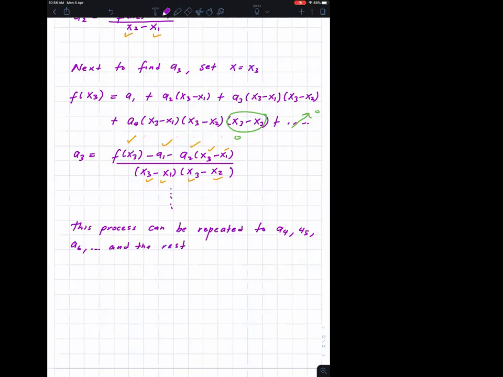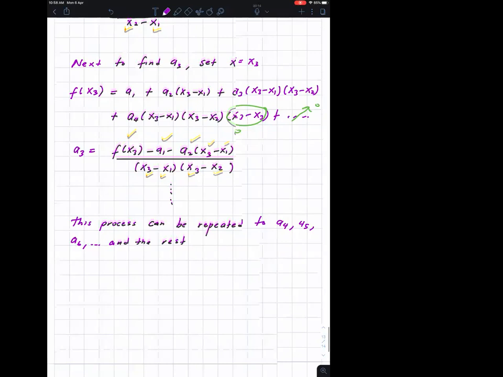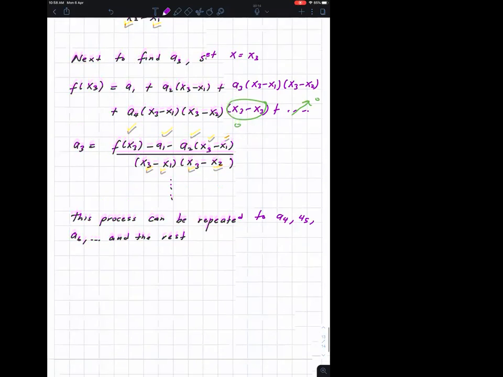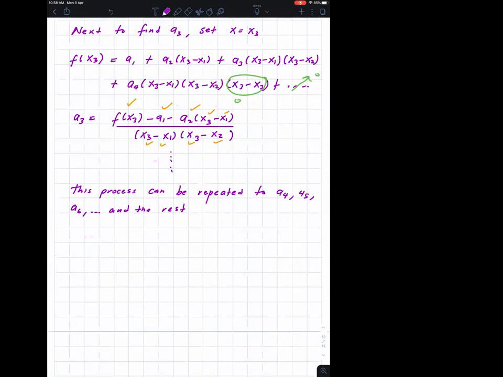So when more coefficients are involved, the calculations will get quite lengthy and tedious. This is where programming comes in. People who do numerical analysis usually use programs like MATLAB, MathCAD, or they can also write their own program if the problem is complicated.